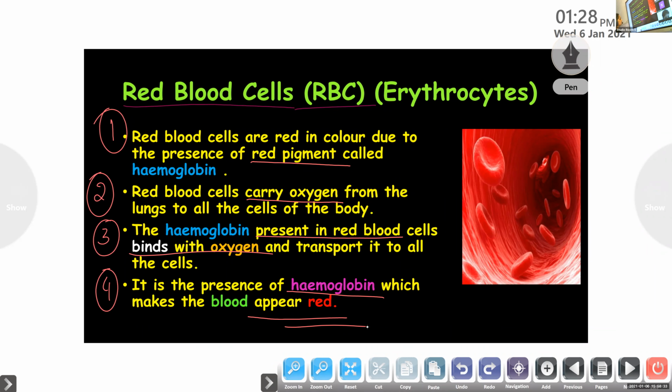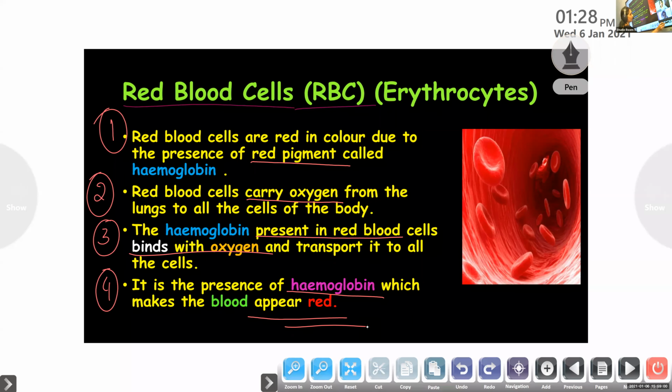What is the last point? It is the presence of hemoglobin which makes the blood appear red. Okay, so, Ishal, what gives the red color to our blood? Hemoglobin. It is the red pigment.